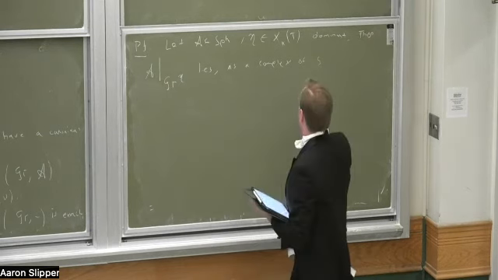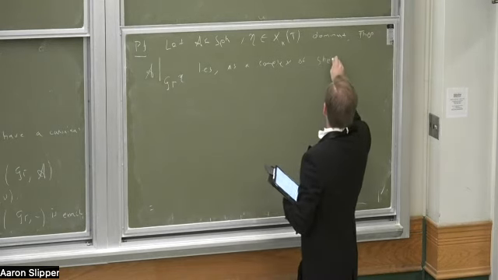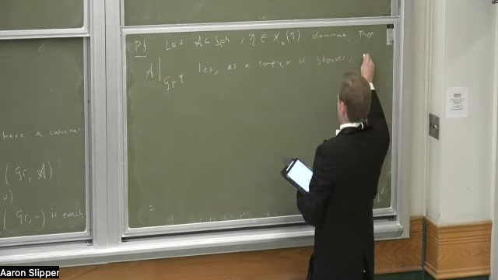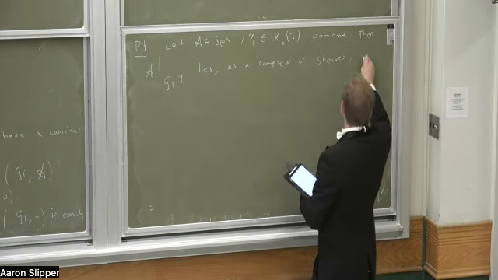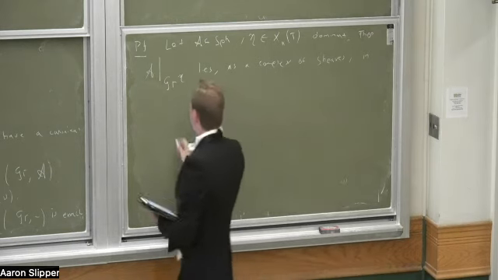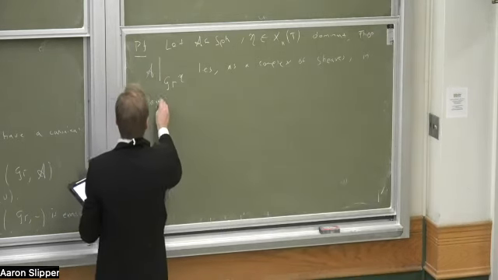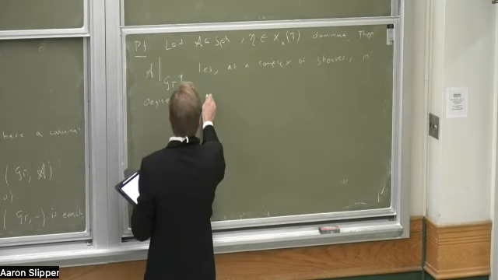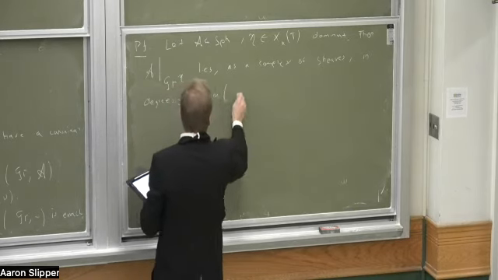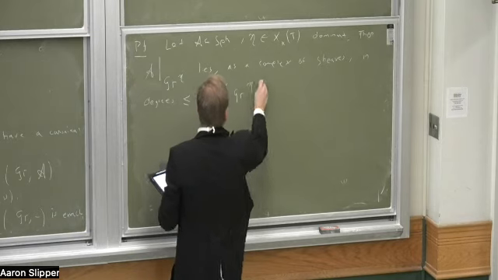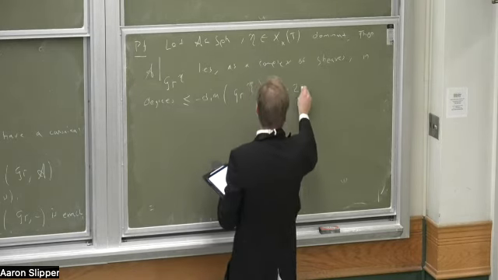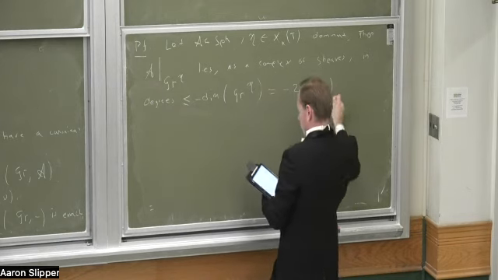When you restrict it to this stratum, perversity implies that it is a complex of sheaves in degrees less than or equal to the dimension of the orbit for eta, which, as we want to see, is -2 rho.